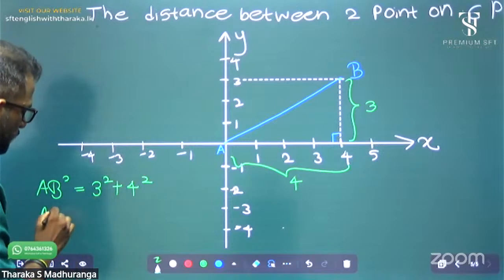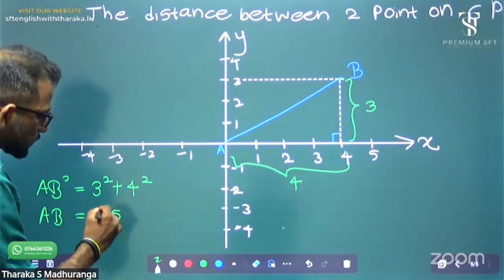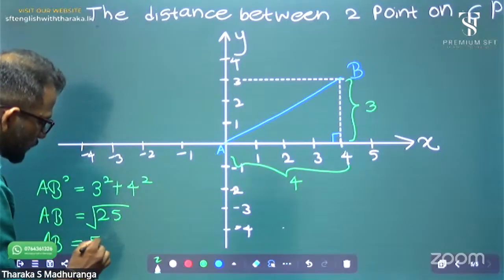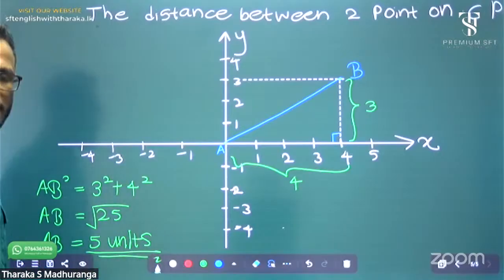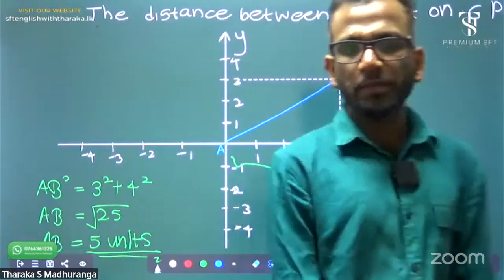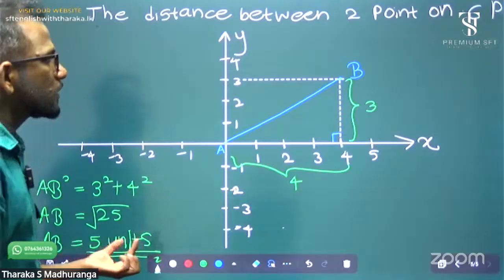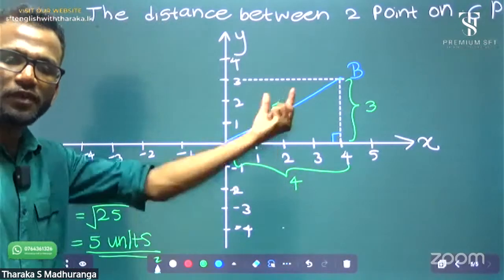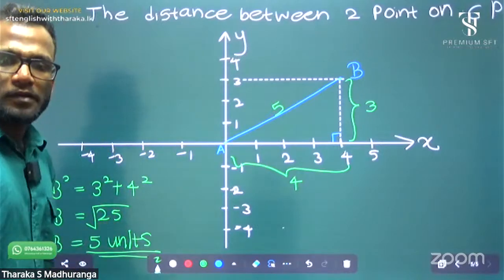Then AB equals the square root of 25. AB equals 5 units. Understood? It is 5.